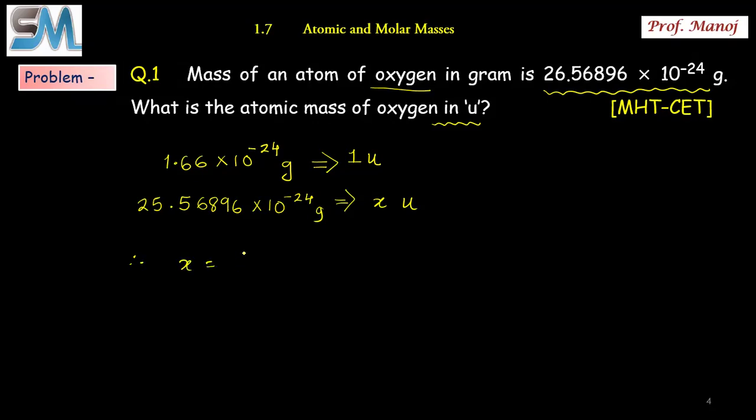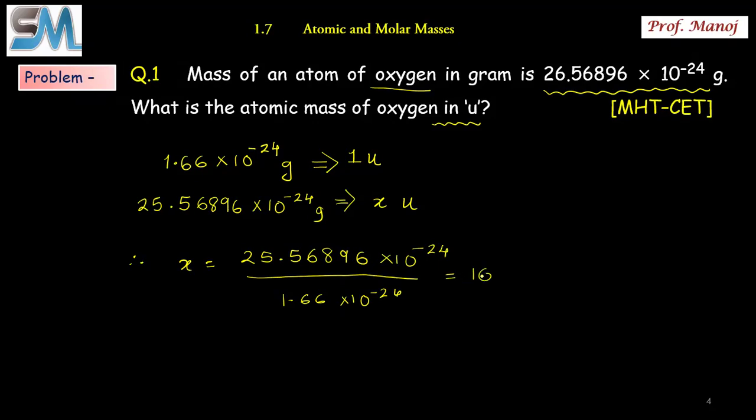Cross multiplying this, 25.56896 into 10 raised to minus 24, the whole thing divided by 1.66 into 10 raised to minus 24. This gives you an answer of 16 U. That means this amount is equal to 16 U, which we call the atomic mass of an atom.